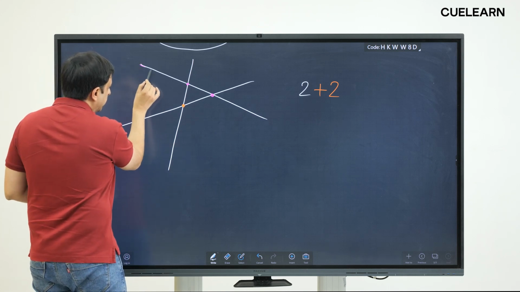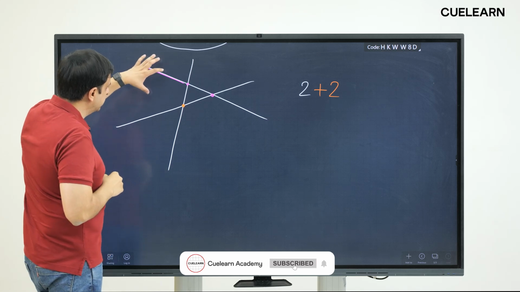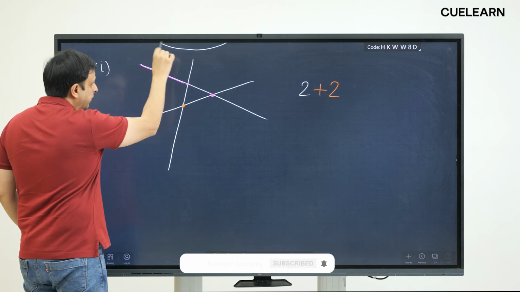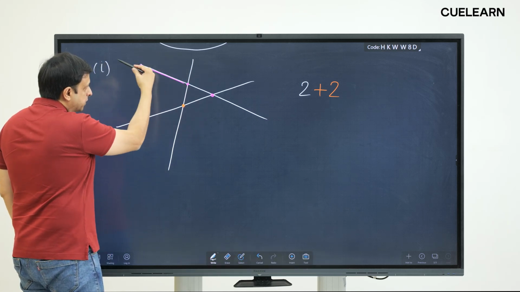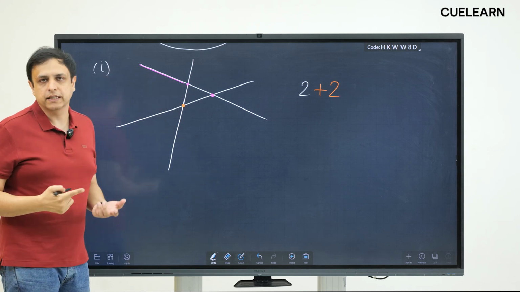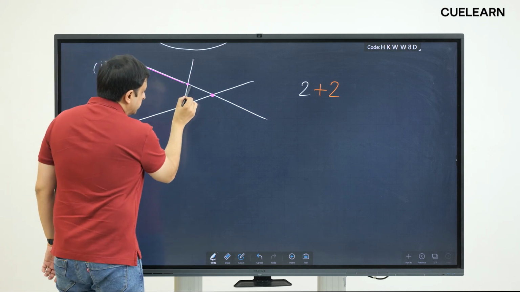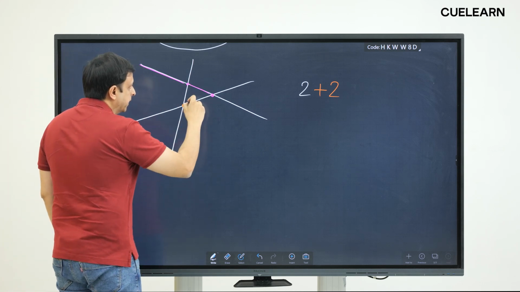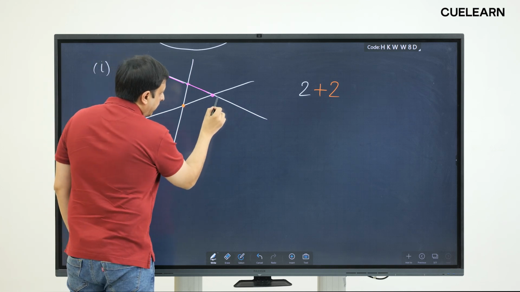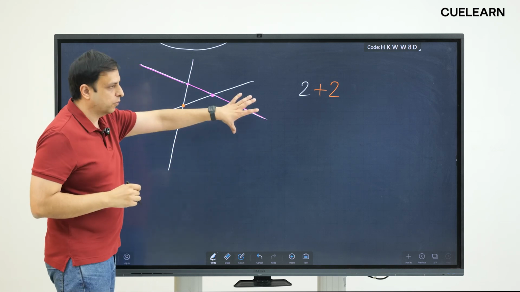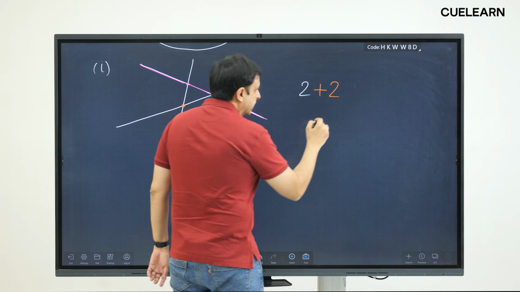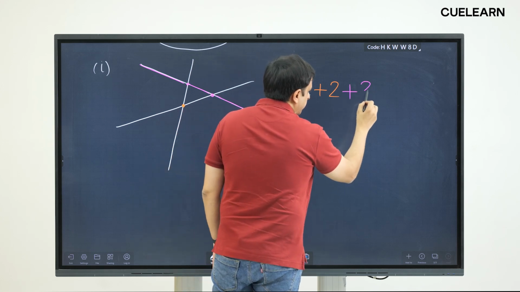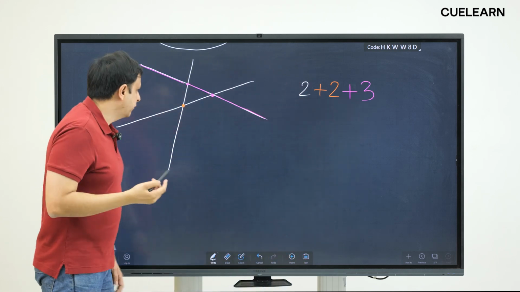If you look at this part here, this is increasing the number of regions by 1, because earlier we had this region here, but now because of this segment here, the number of regions has increased by 1. Similarly, this segment here will increase the number of regions by 1, and this segment here will also increase the number of regions by 1. So, the third line will increase the number of regions by 3, and we keep going.